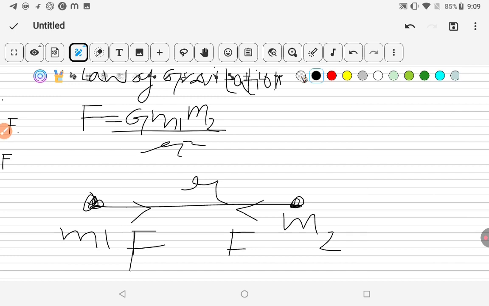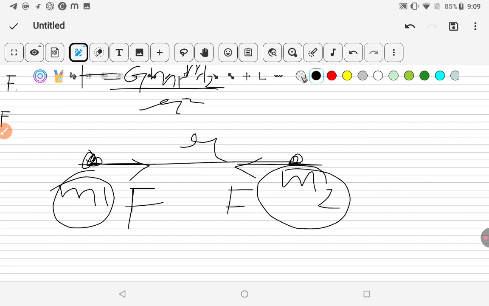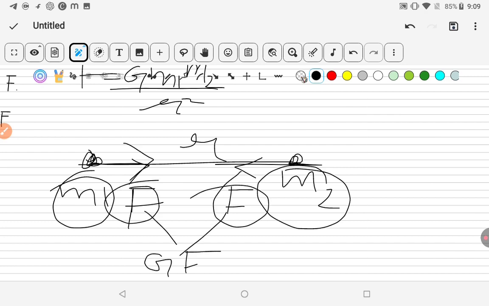I told you about gravitational masses, and these are attracting each other by applying forces on each other. These forces are called gravitational forces.